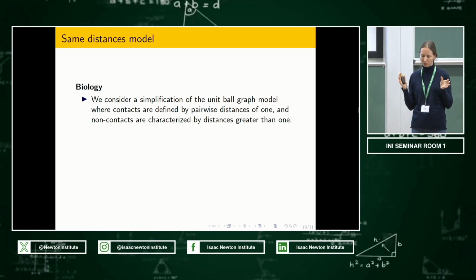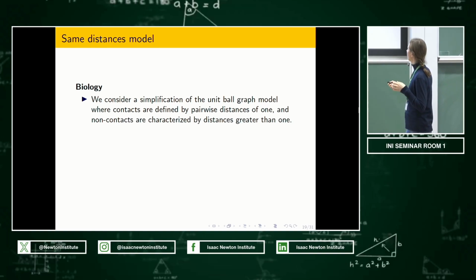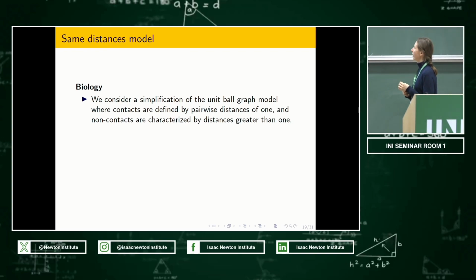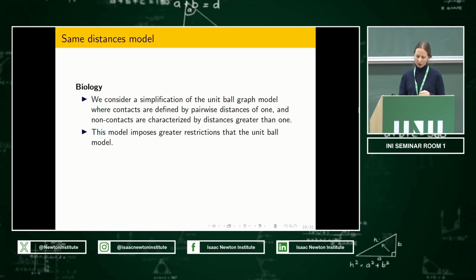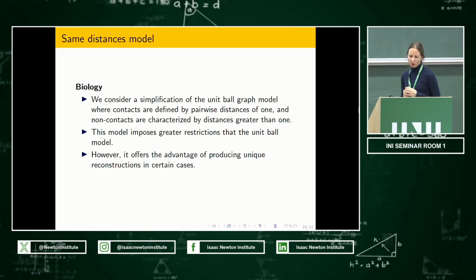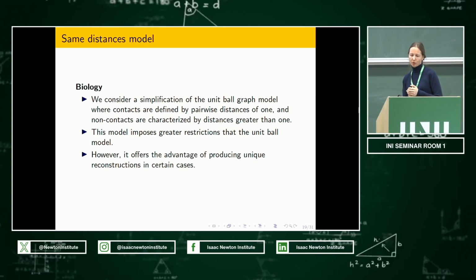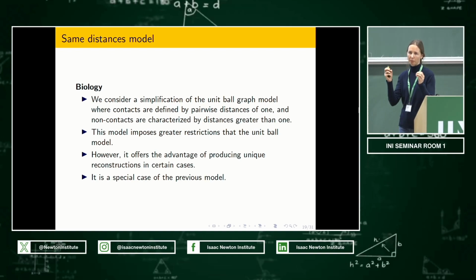Again, because in the unit ball graph model we didn't have the unique realization, here contacts are defined by pairwise distances of 1, and non-contacts are characterized by distances greater than 1. So this model is more restrictive than the unit ball model. However, it offers the advantage of producing unique reconstructions in certain cases. And also it's a special case of the previous model.